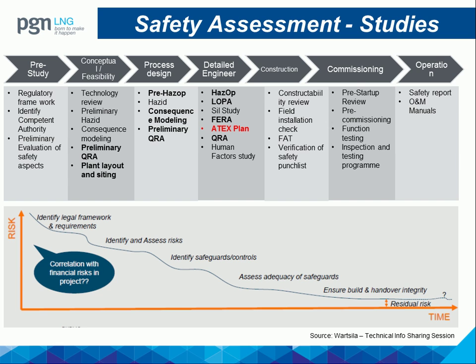As a typical, normally we'll do a HAZID, LOPA or QRA in the design phase or detail engineering phase, and based on that safety assessment, you will know what kind of mitigation or barrier that you would like to put on your plant.